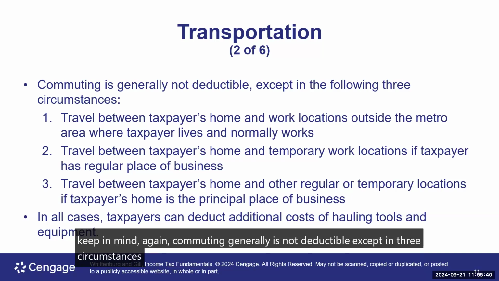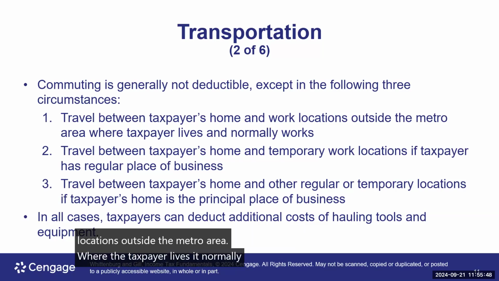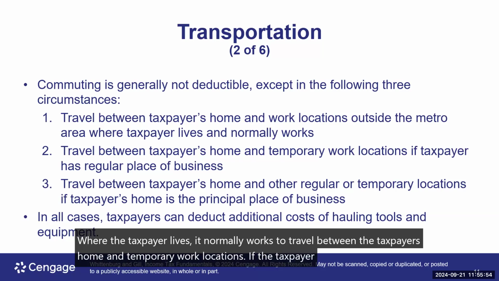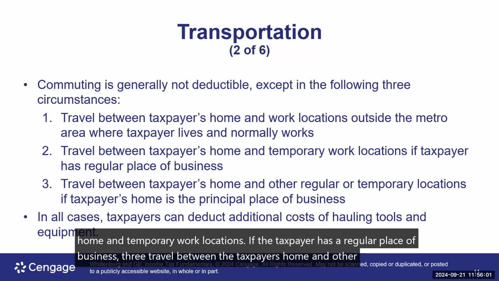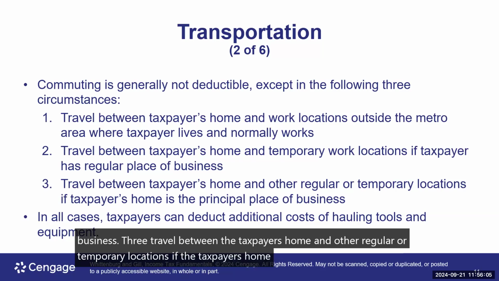First is travel between the taxpayer's home and work locations outside the metro area where the taxpayer lives and normally works. Two, travel between the taxpayer's home and temporary work locations if the taxpayer has a regular place of business. Three, travel between the taxpayer's home and other regular or temporary locations if the taxpayer's home is the principal place of business.